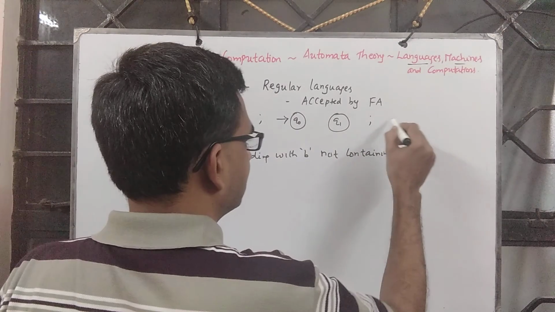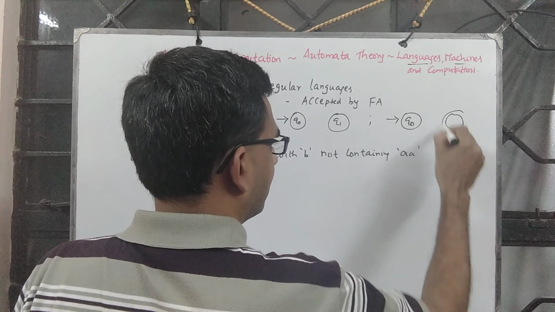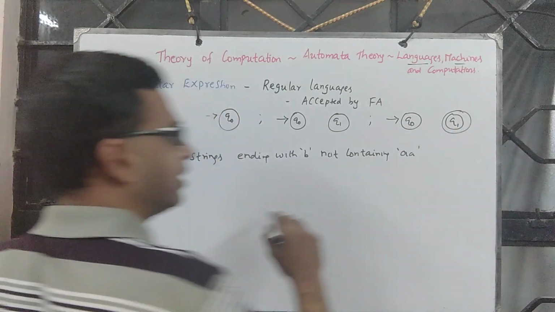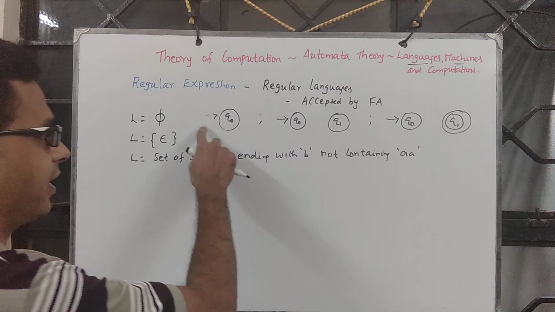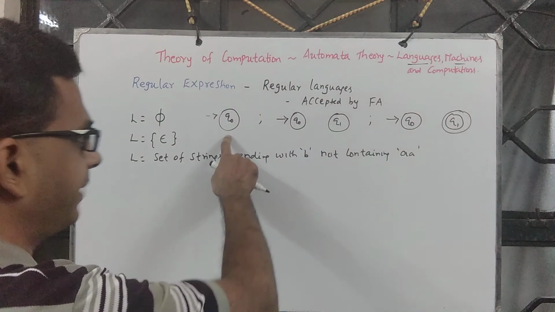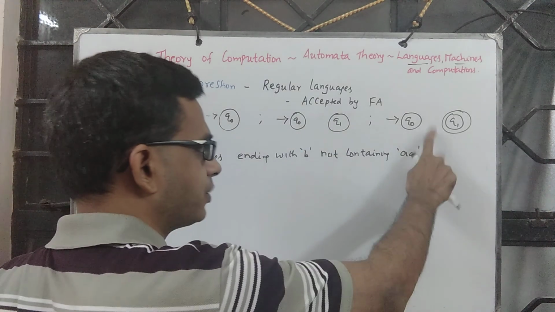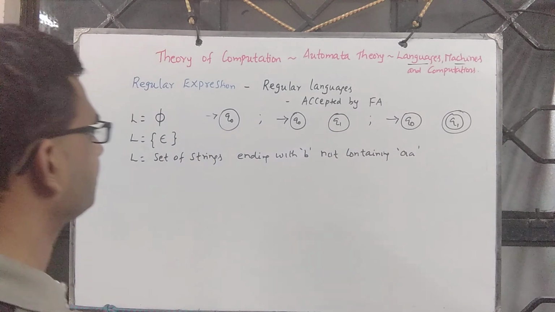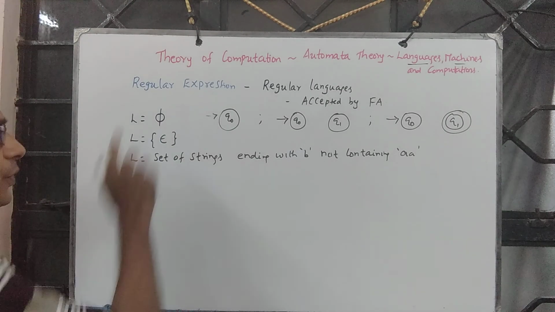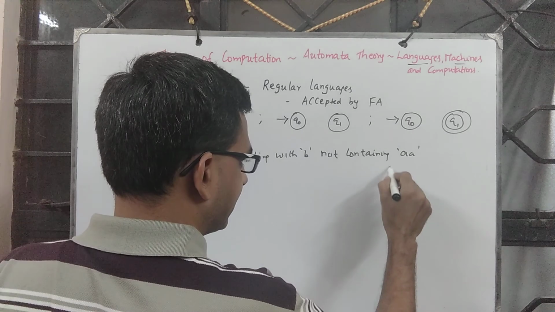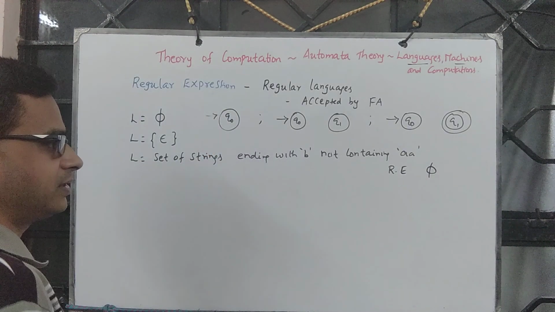Or you can even say Q0, Q1 and no arrows from Q0 to Q1. Any of these accepts the empty set. And the regular expression corresponding to the empty set is the empty set itself. So the RE for this is the empty set.